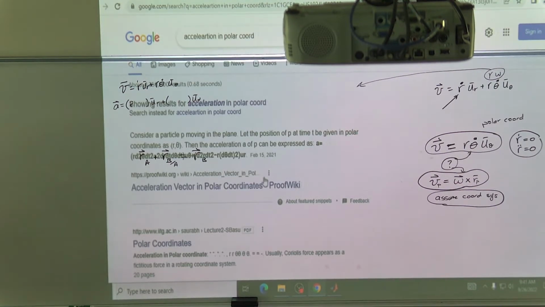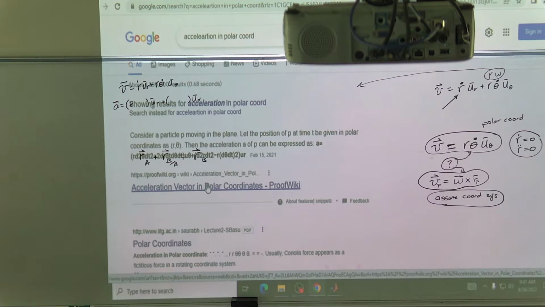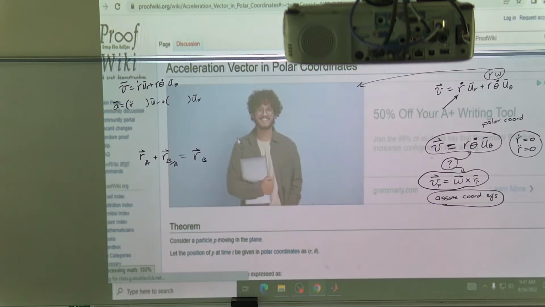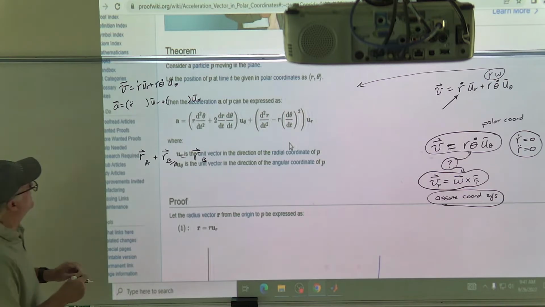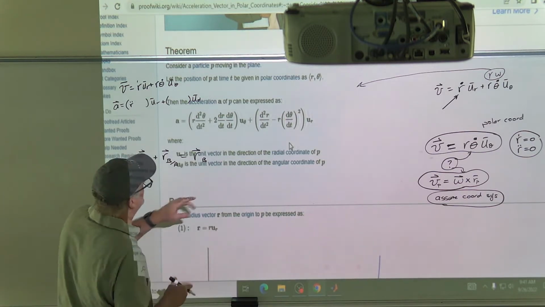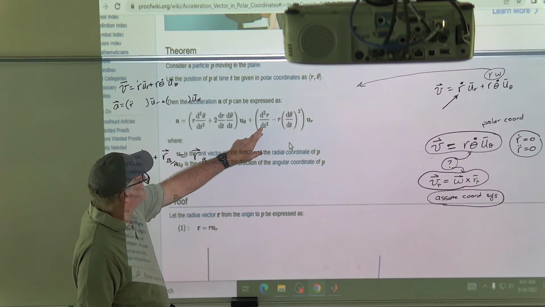You should be able to find it on Proof Wiki. What is a Proof Wiki? Proof Wiki. How about that? Well, that's interesting, he kept the derivatives in there, but that's fine. I was putting mine first here.